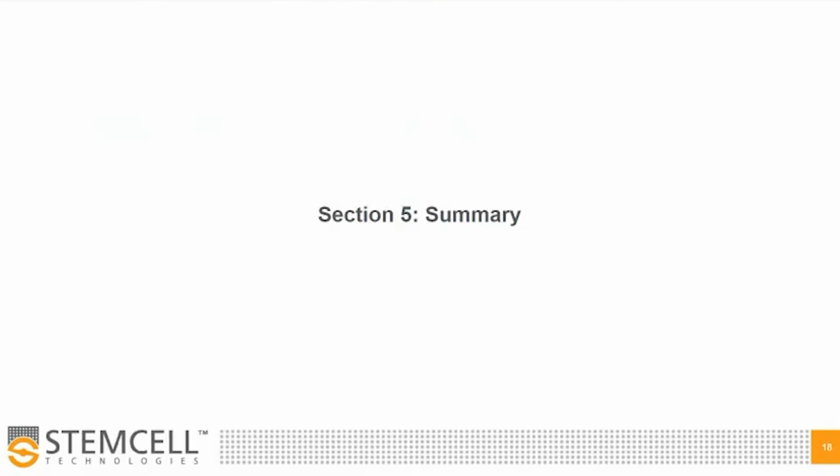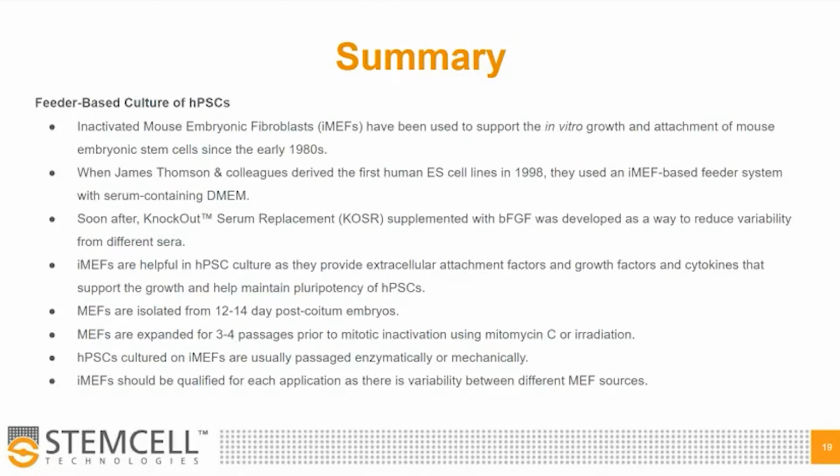So in summary, inactivated mouse embryonic fibroblasts, or IMEFs, have been used to support the in vitro growth and attachment of mouse embryonic stem cells since the early 1980s. When James Thomson and colleagues derived the first human ES cell lines in 1998, they used an IMEF-based feeder system with serum-containing DMEM.